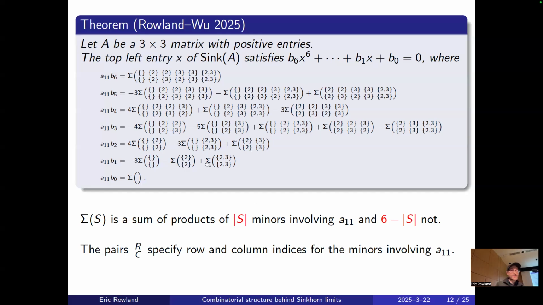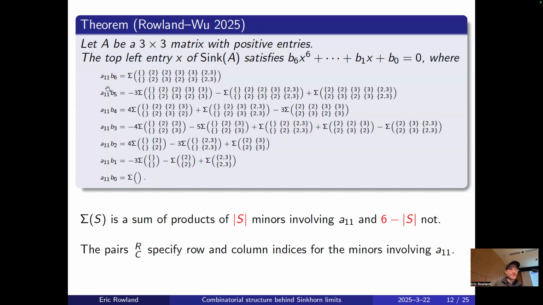And these coefficients, we'll talk more about what these sigmas are on the next slide. But for most of the rest of the talk, after we talk about a few other things, we're going to talk about what these coefficients are. The coefficients are kind of the last remaining thing that we need to explain at this point.